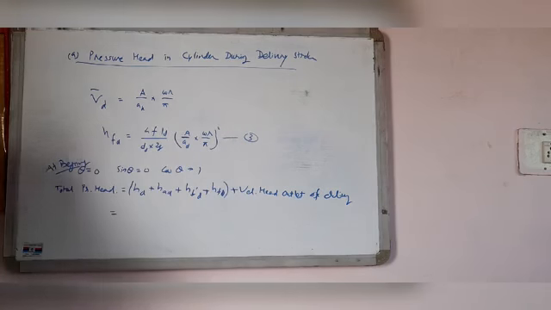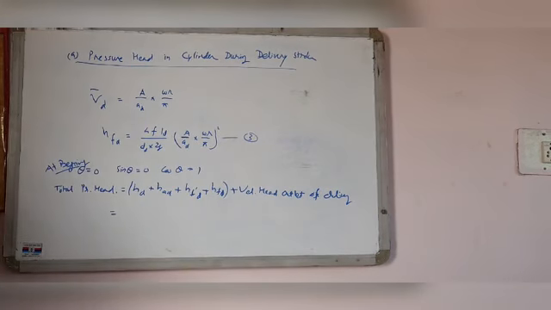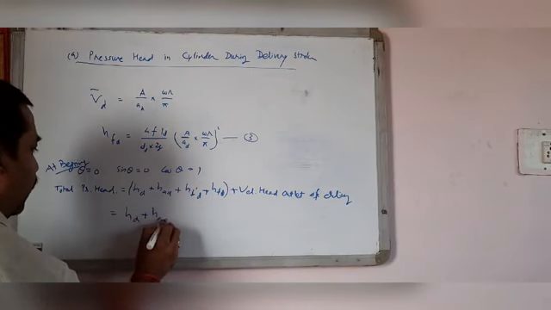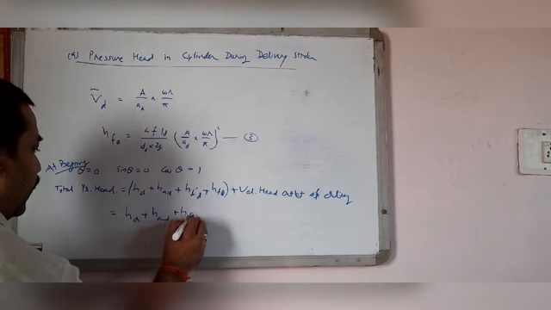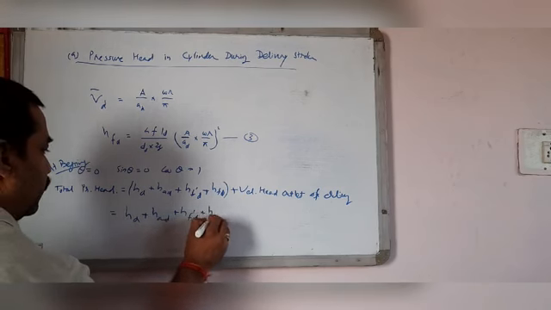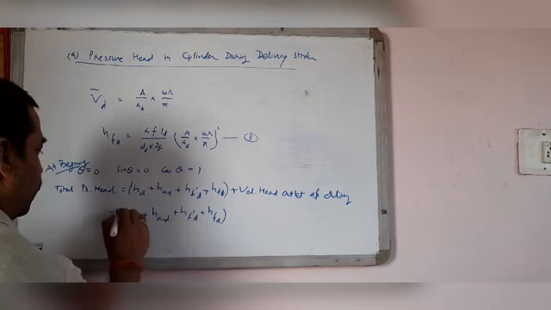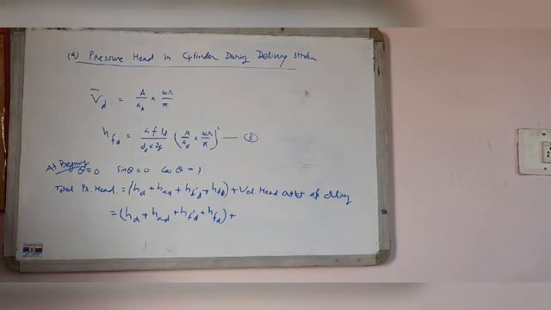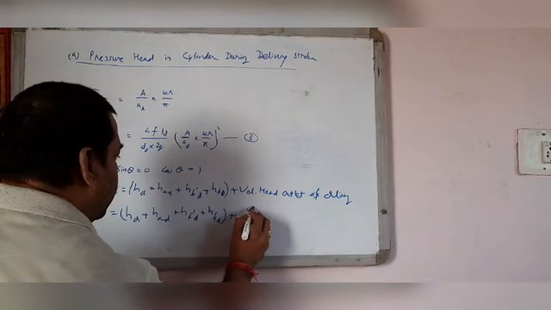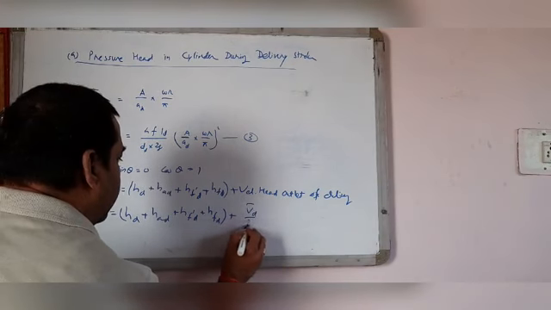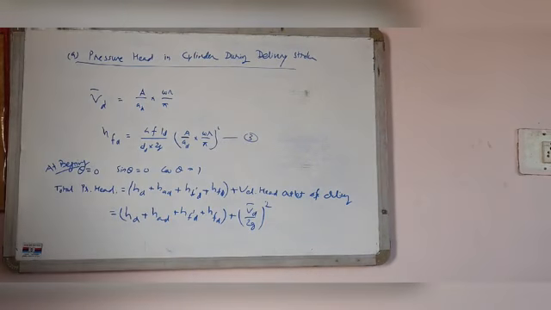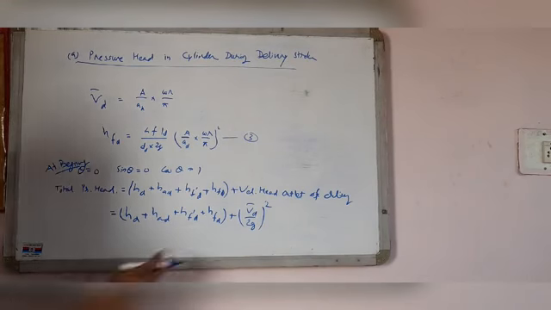This is equal to HD plus HAD plus HFD dash plus HFD plus V bar D by 2g square. Now, here the velocity at outlet is equal to the mean velocity.